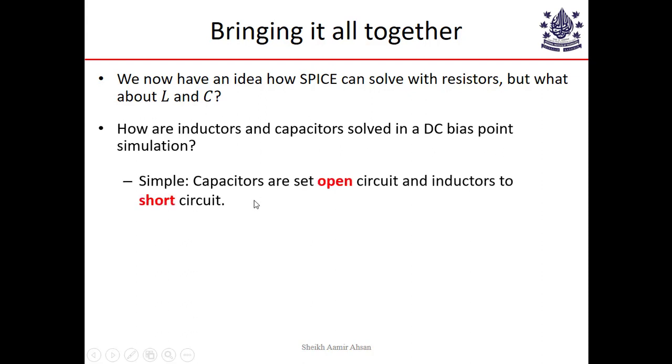Well, it's very simple because under DC conditions capacitors are seen as open circuits and inductors are set to short circuits. So this is a very simple example, but we'll do a more complicated example in our subsequent videos where we'll treat them as nonlinear elements.